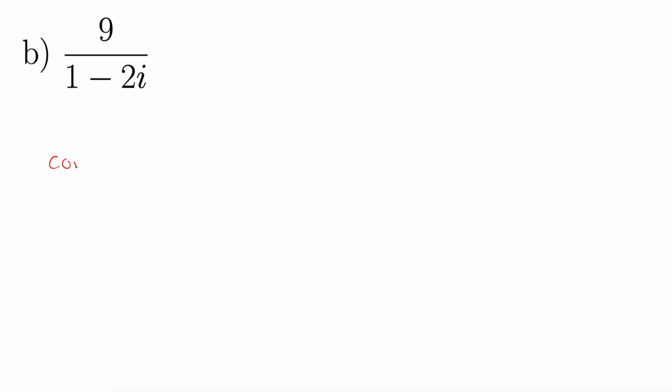So the conjugate of a plus bi is a minus bi. You just change the sign between them here. So the conjugate of 1 minus 2i is 1 plus 2i.